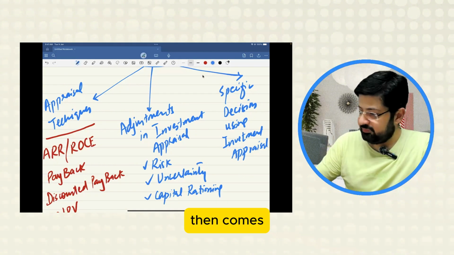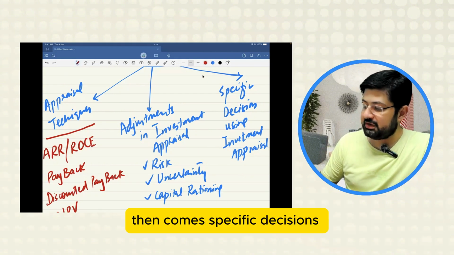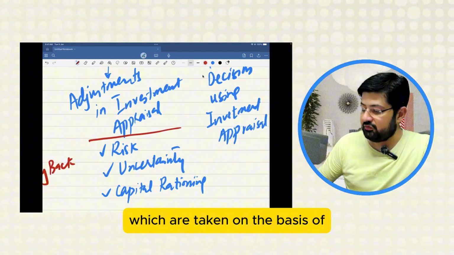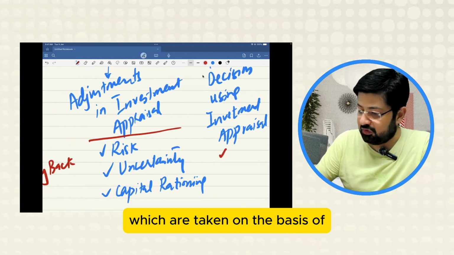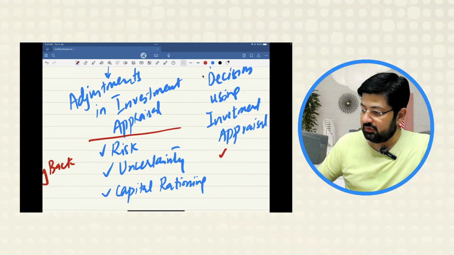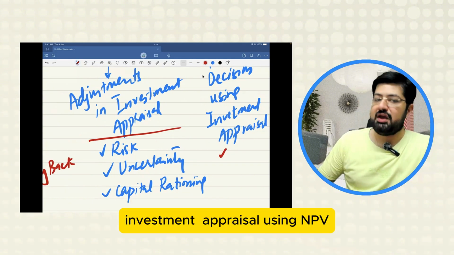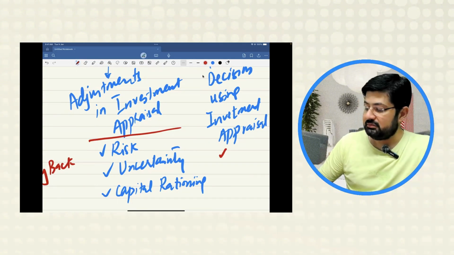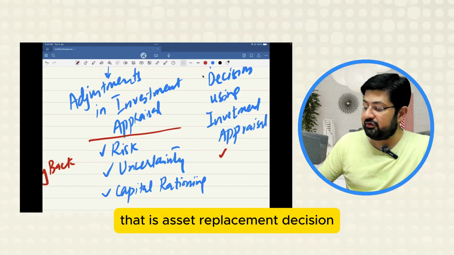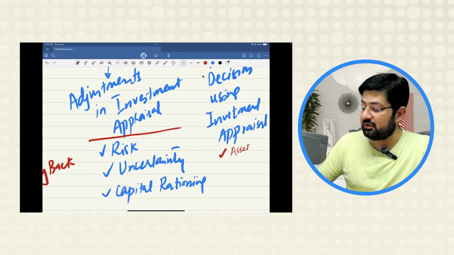Then comes specific decisions. So 2 decisions which are taken on the basis of investment appraisal using NPV. First, that is the asset replacement decision.